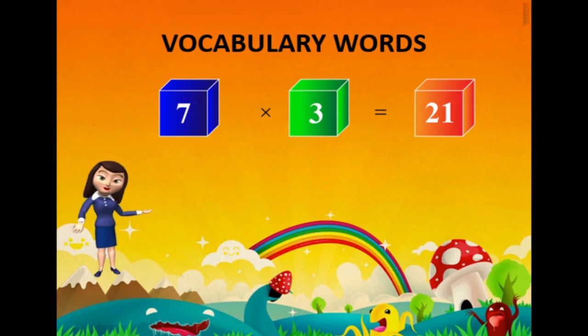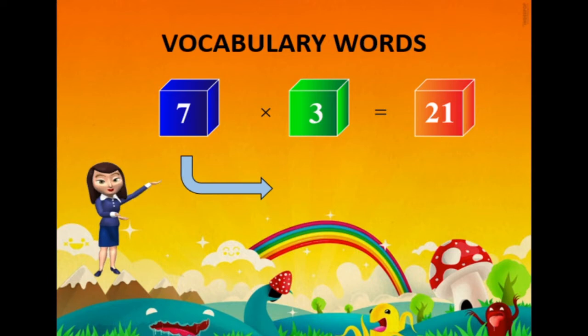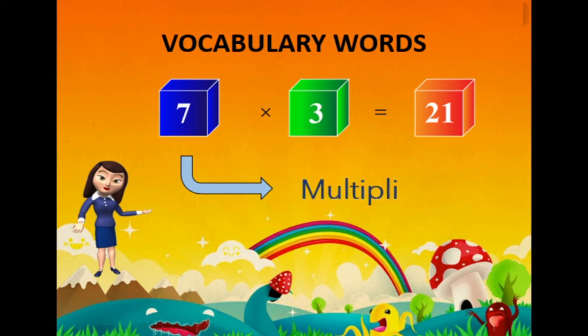Each of these numbers has a particular name. First, number 7 here is called, can you remember? It is multiplier. Multiplier. Very good. Say it one more time.